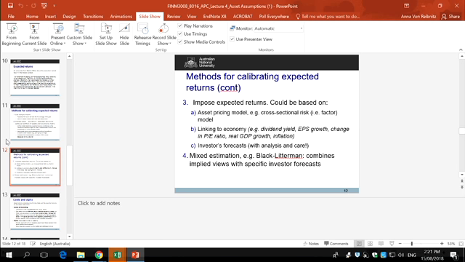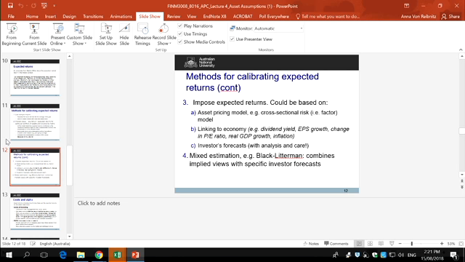And then you've got mixed estimation. So mixed is exactly as it sounds. You're combining more than one method. The one that you guys will do next week in your video is Black-Litterman. That starts with implied views, and then it adds in the investor forecast over the top, but only for those asset classes that you have a lot of knowledge in and you believe implied views doesn't give an accurate depiction of expected return.